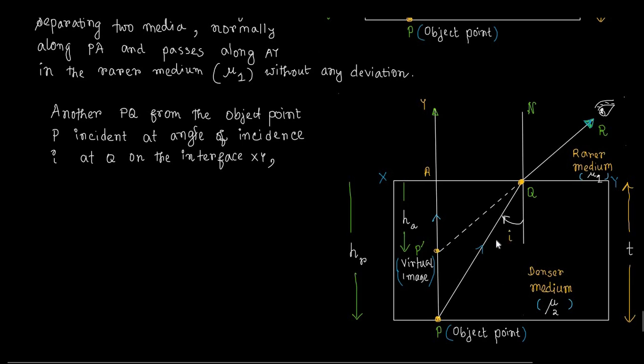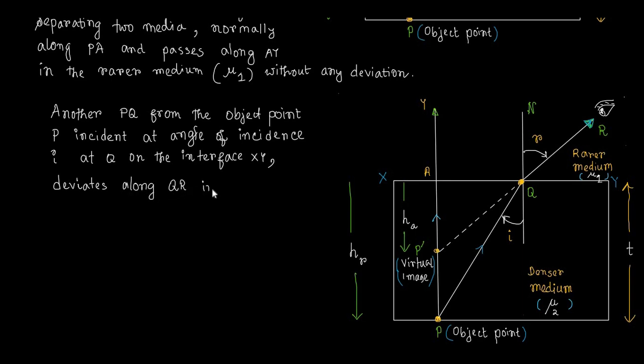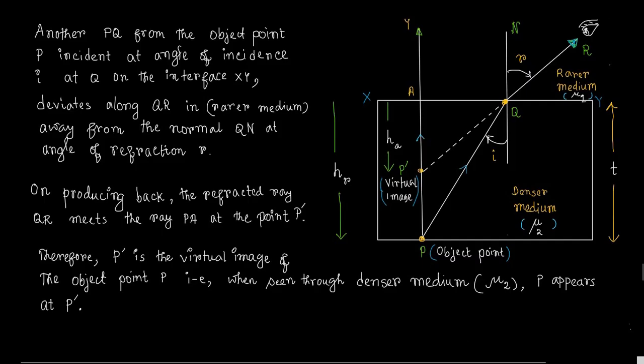This is the angle of incidence i of the incident ray PQ, and we can denote the angle of refraction r. R is the angle of refraction. The ray deviates along QR in the rarer medium, away from the normal Qn prime, or away from the normal Qn.